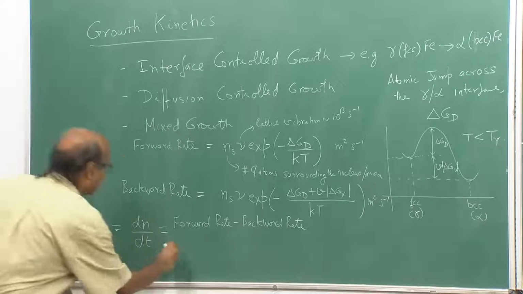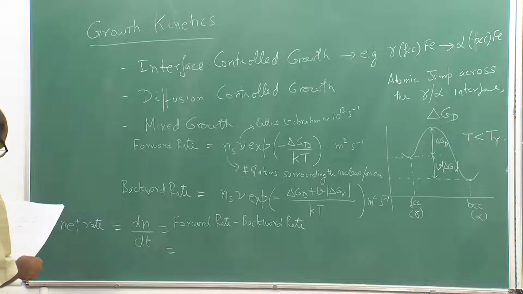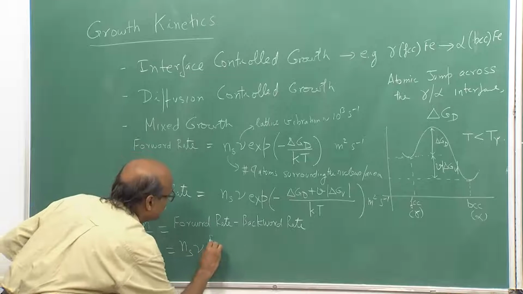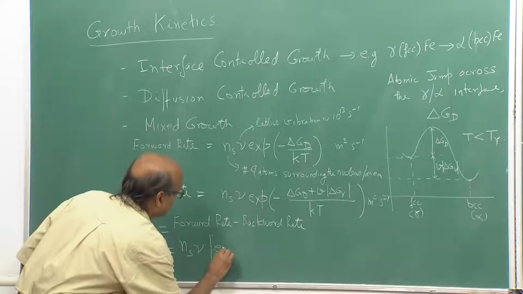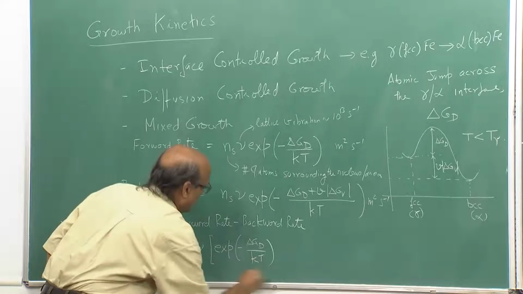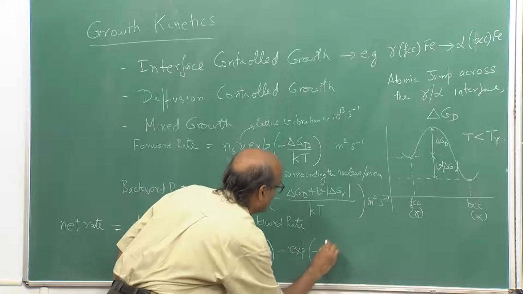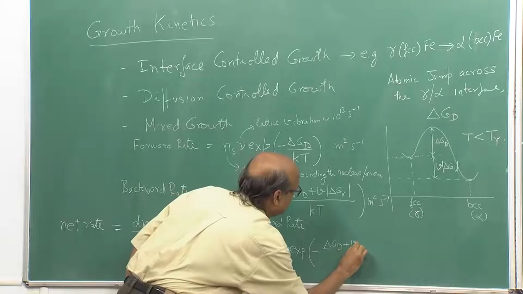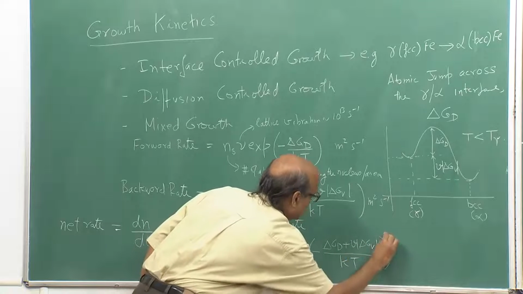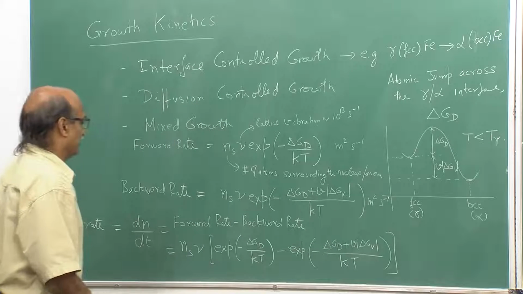Now, I substitute these two expressions in this, and I can take out Ns nu times exponential minus delta GD by KT minus exponential minus delta GD plus V delta GV upon KT. So, this gives me the net jump rate.